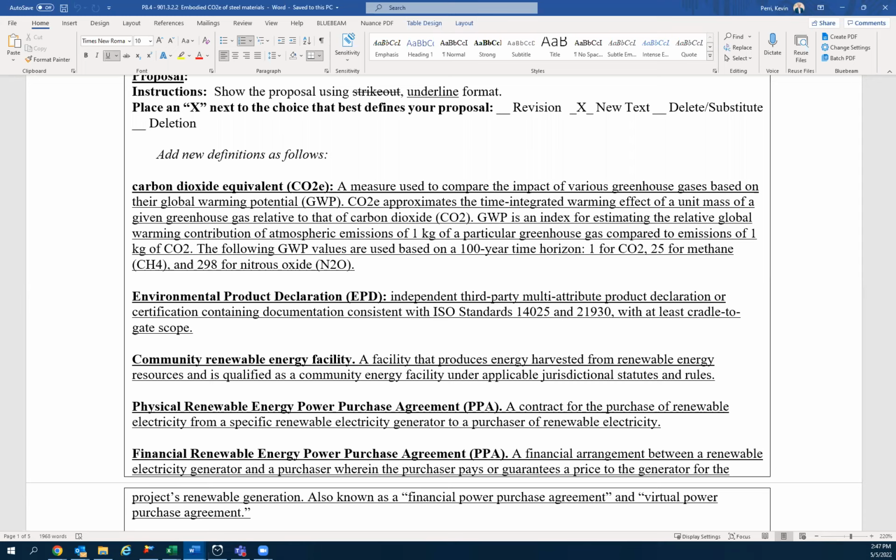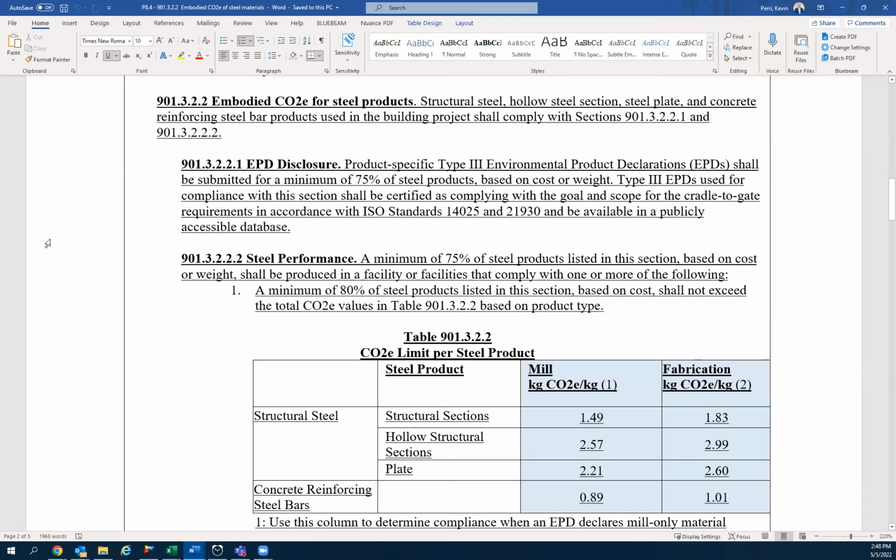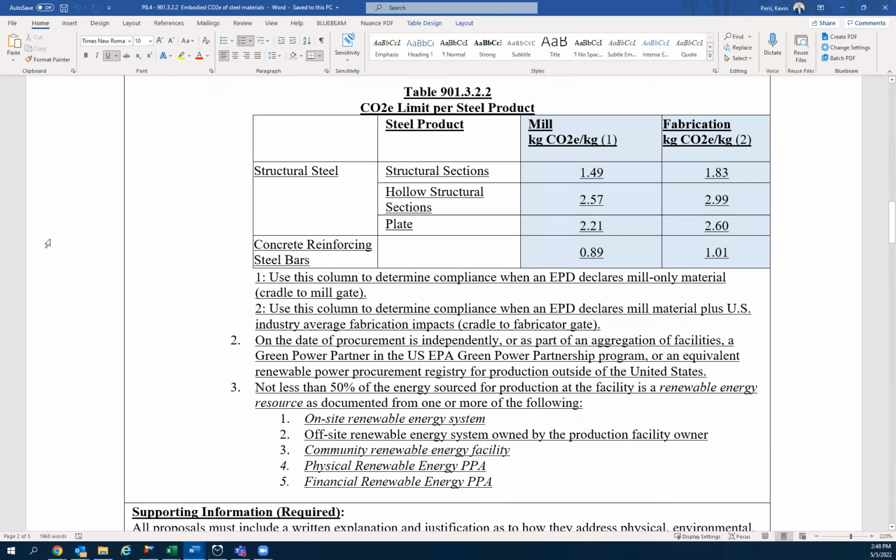Can we look at the code language here together for the procurement? So these are the definitions. It says not less than 50% of the energy sourced for production at the facility.